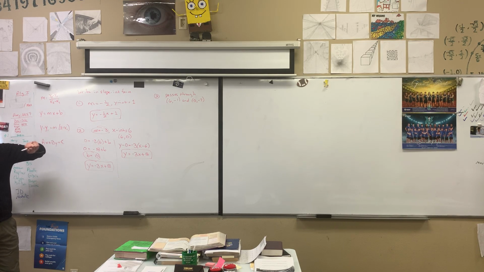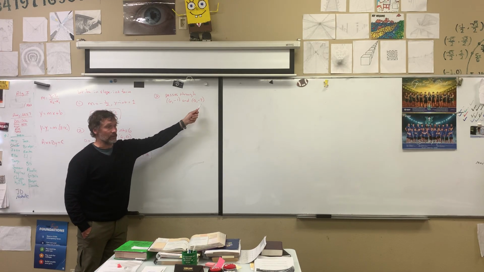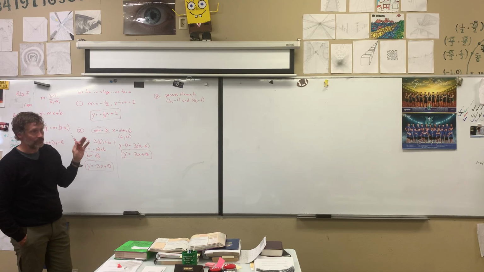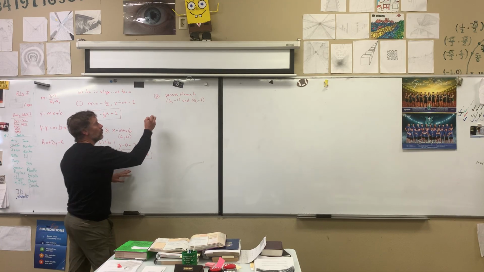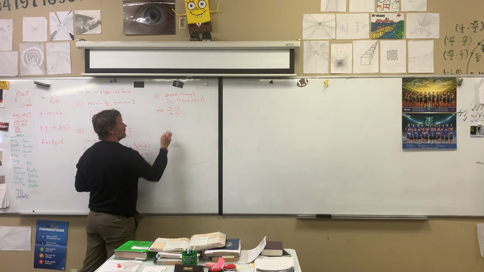So what you need to write the equation of a line is a point that it goes through and a direction. The direction we describe with lines is the slope. We have a point, we can choose either point, it doesn't matter. Now we need a slope to tell us which direction we're going. So we find the slope: y2 minus y1 over x2 minus x1.